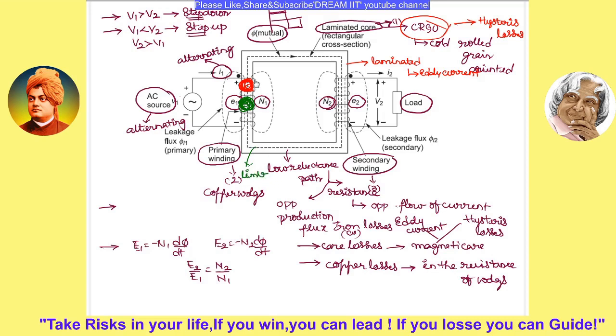The aim of connecting like that is to reduce the leakage flux, so the primary and secondary windings are placed on the same vertical part of the transformer. The windings are made of copper, as we already discussed.